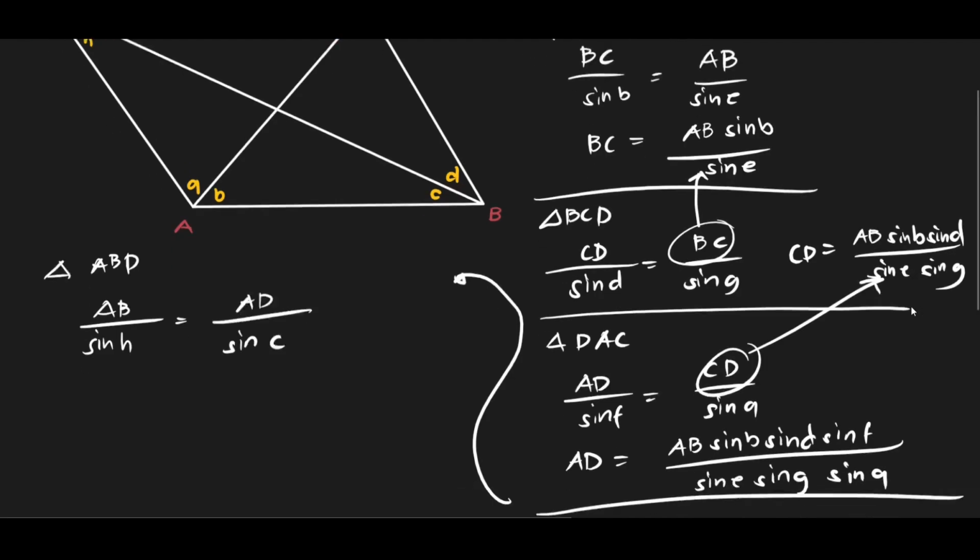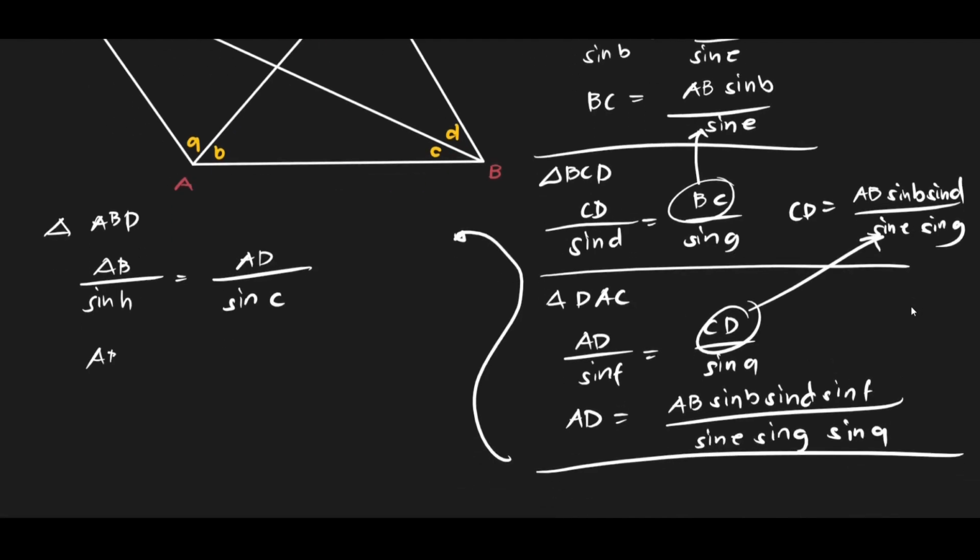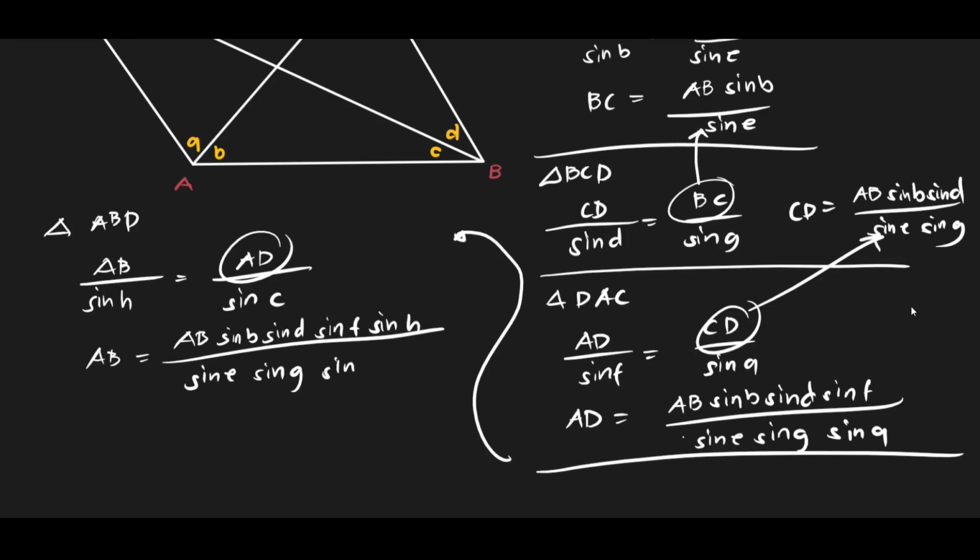Okay, so AB will be equal to, since AD is equal to this one right here, AB times sine B sine D sine F multiplied by sine H all over sine E sine G sine A and sine C, right?